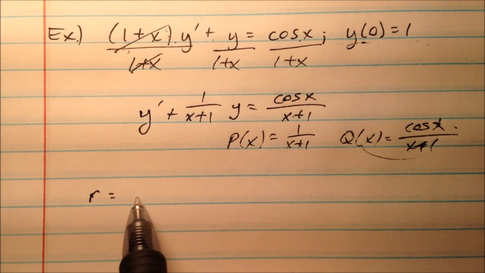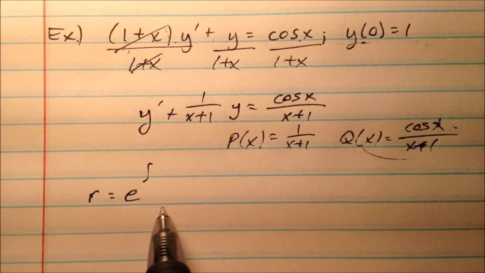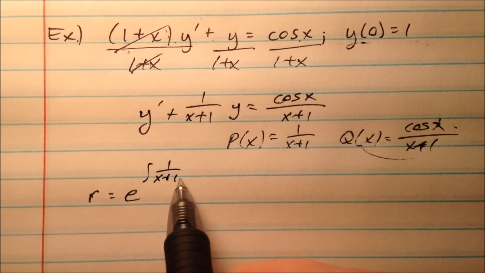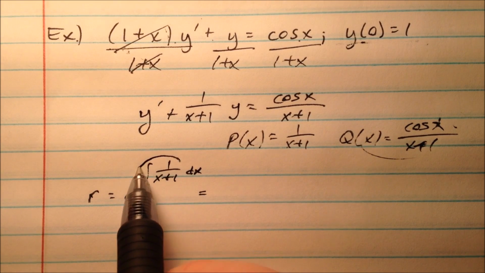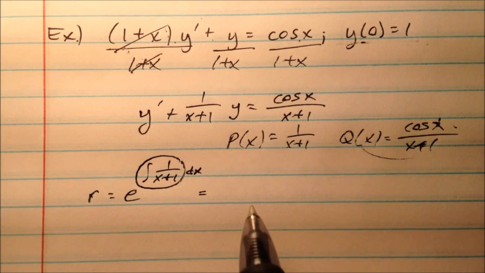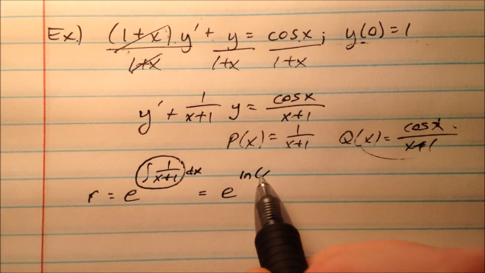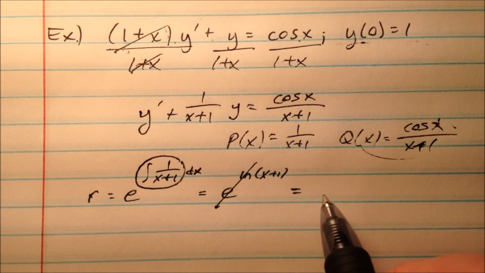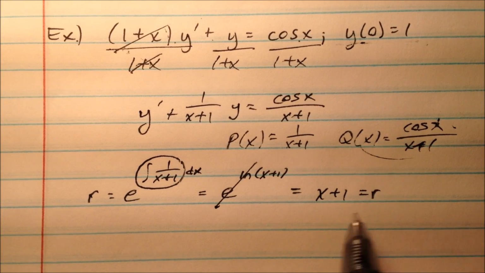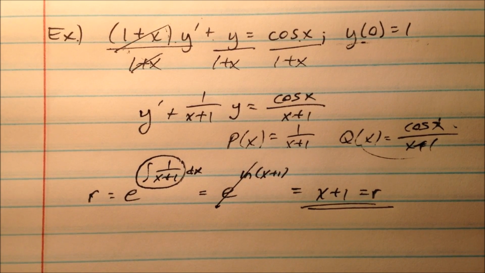So our integrating factor will be e to the power of the integral of 1 over x plus 1 dx, which is just the ln of x plus 1, but then the e and our ln cancel to give us just x plus 1 for our integrating factor.